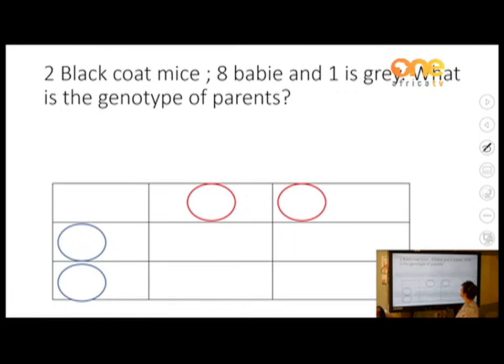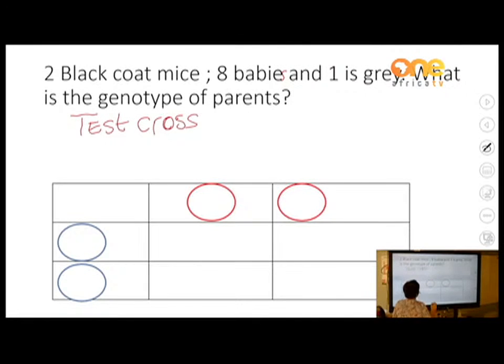Two black mice have 8 babies, and 1 is gray. What is the genotype of the parents? Show it with a test cross. This is where I do not know the parents, so I can do a test cross.